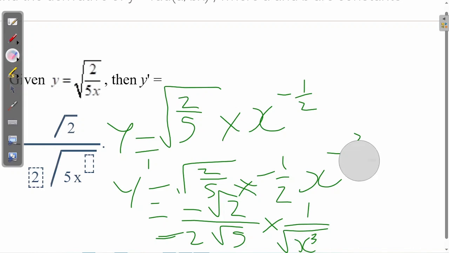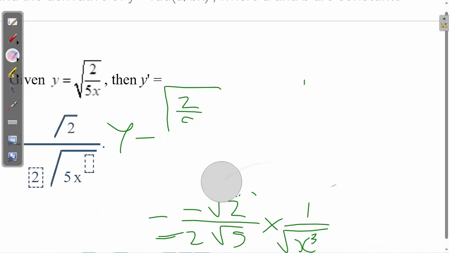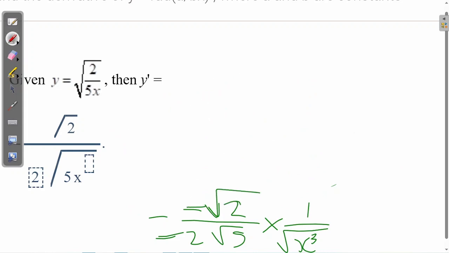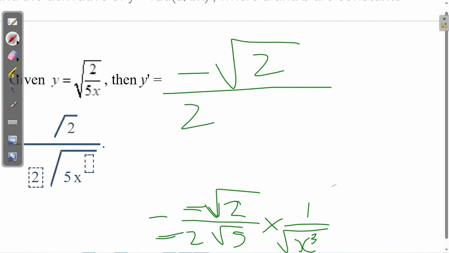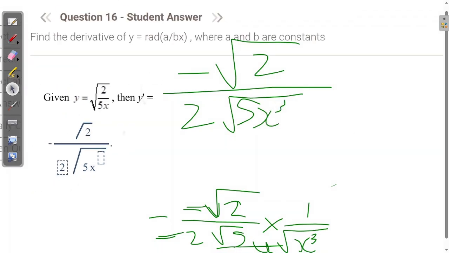Okay, it's a little messy. Now put this all in one fraction. It will be negative radical 2 over 2. The radicals, they stick together, so radical 5x cubed. And that's the final answer.